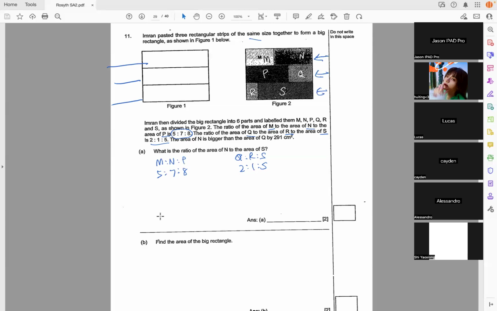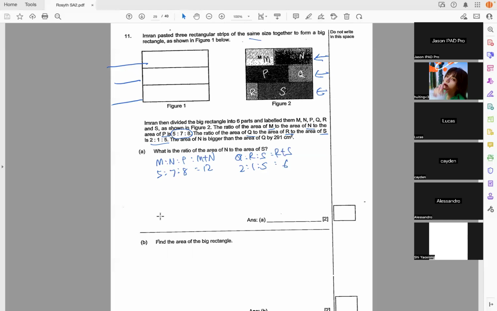Now, let's look at the first ratio. We have M plus N, and you get 12. Second ratio, we have R plus S, and 1 plus 5 is 6.